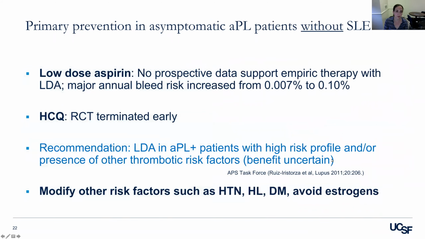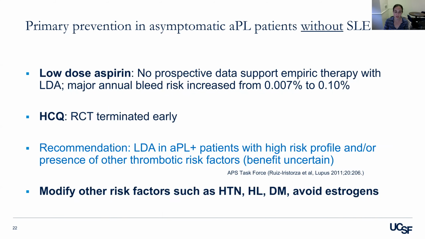So how should we think about primary prevention then in asymptomatic APL patients without lupus? And then on the next slide, we'll talk about those with lupus based on this data that we do have. So as we said, for low-dose aspirin, we don't have any prospective data to support empiric therapy. There is a statistically significant increase in the risk of major annual bleed. Hydroxychloroquine was attempted to be studied, but the RCT was terminated early due to lack of seen effect.